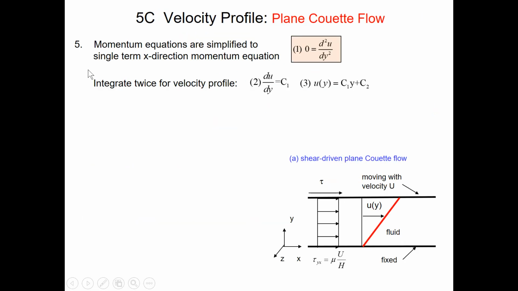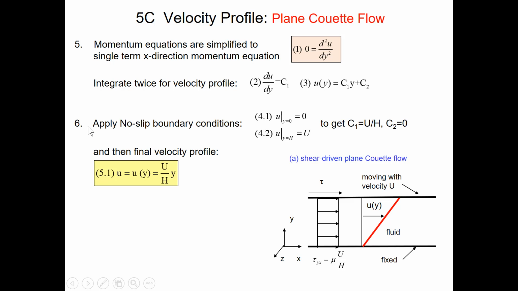5. After simplifying the momentum equations, we have a single-term x direction momentum equation. Simply, we can integrate once, twice to get the velocity profile. 6.